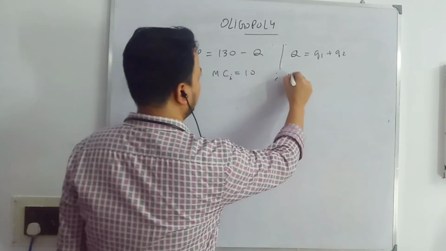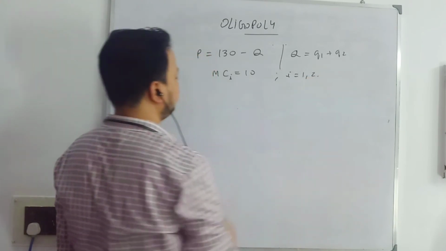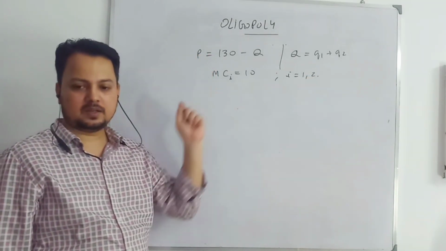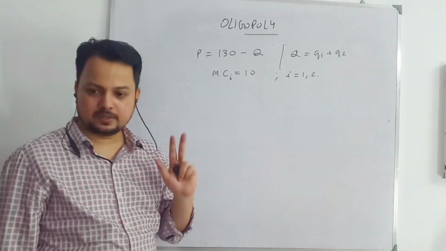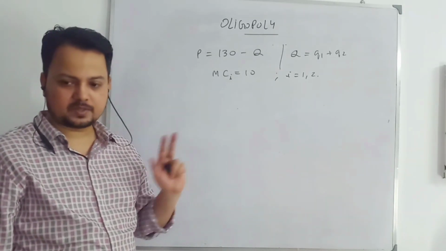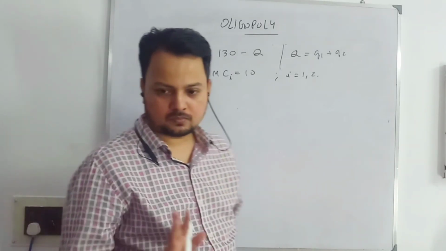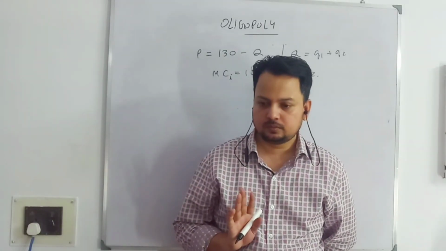I running from 1 to 2, I have 2 firms. When marginal cost is constant, it means that fixed cost is 0. This you people know, right? Just check it.